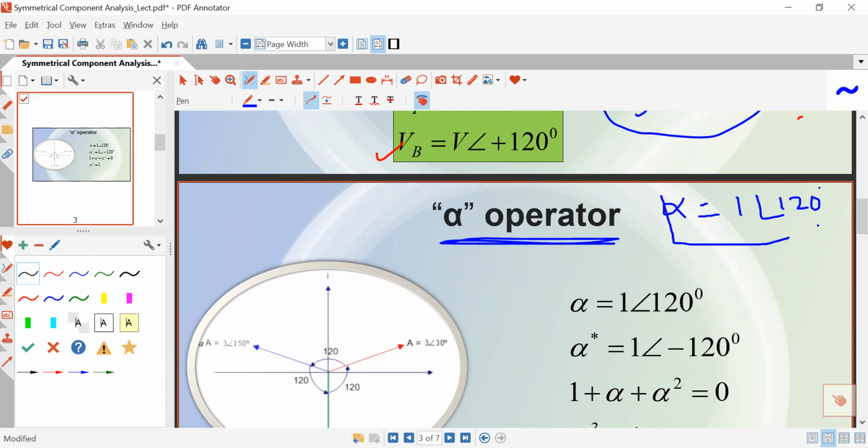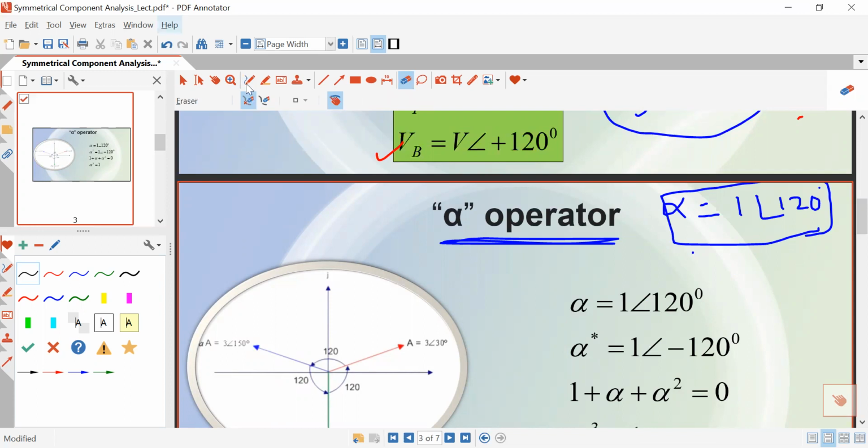This is the meaning of alpha. In 12th class, you have already studied the J operator in complex numbers. The meaning of J is 1 angle 90 degrees. Similar to the J operator, there is the alpha operator to understand symmetrical component analysis in this unit.